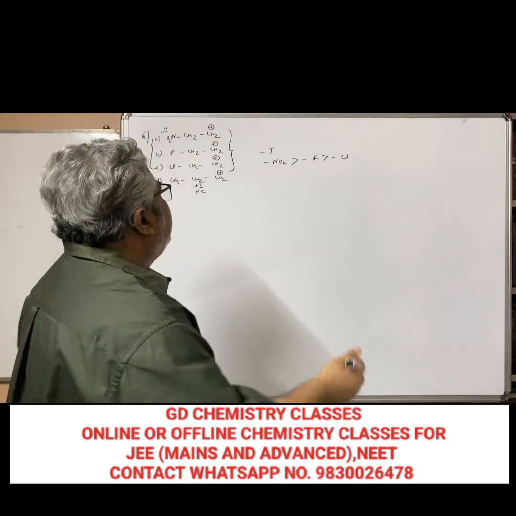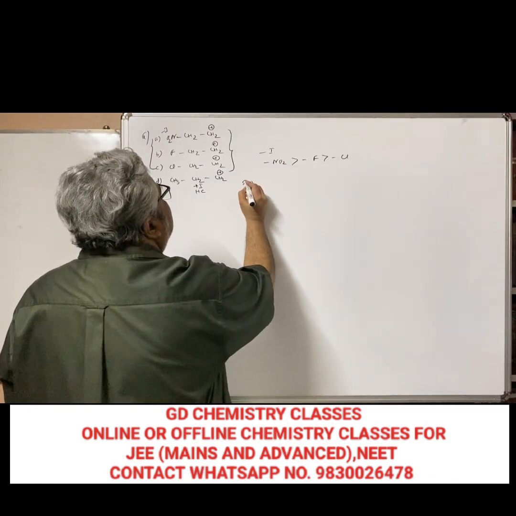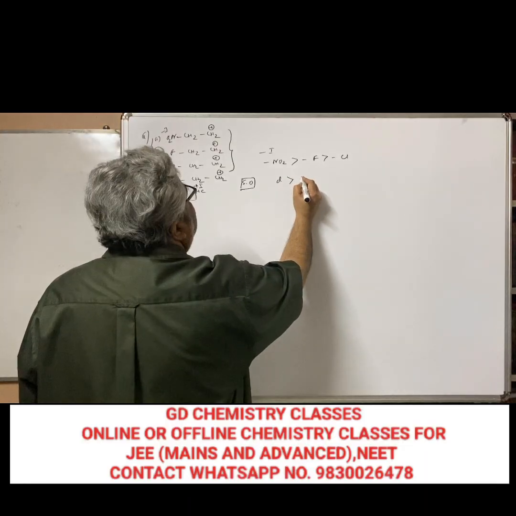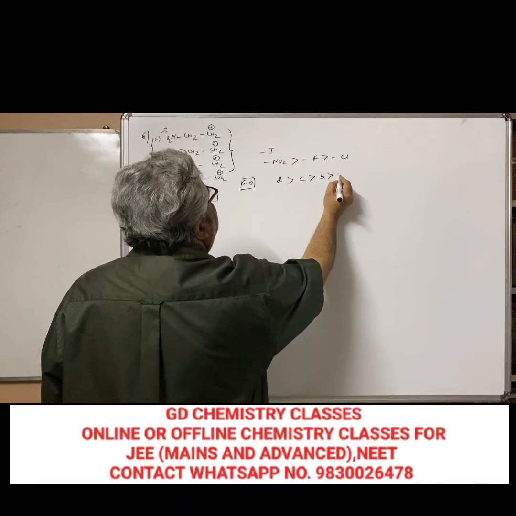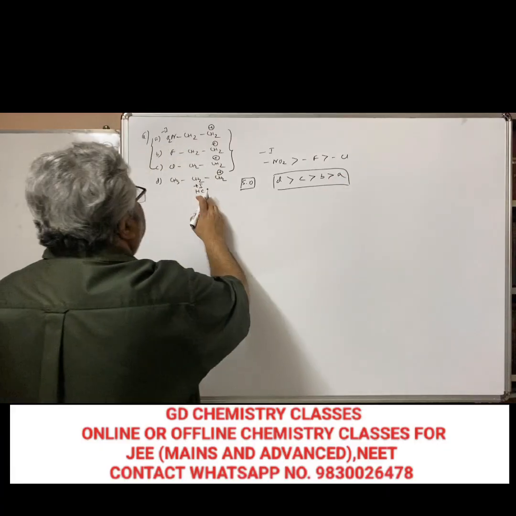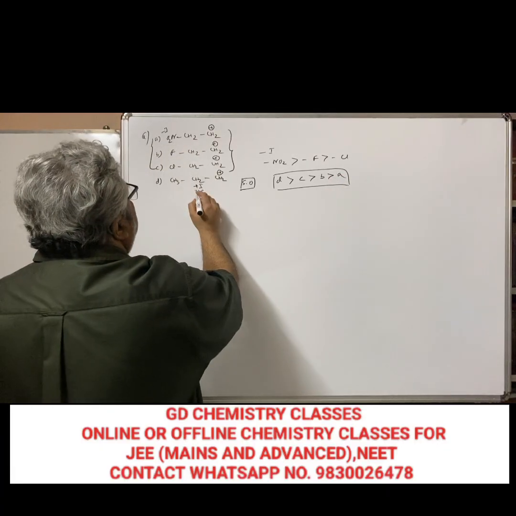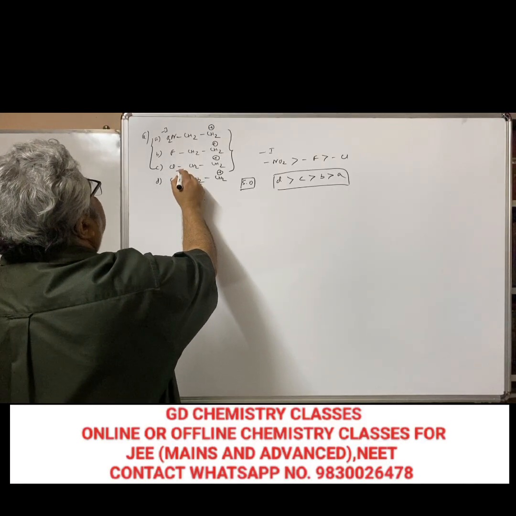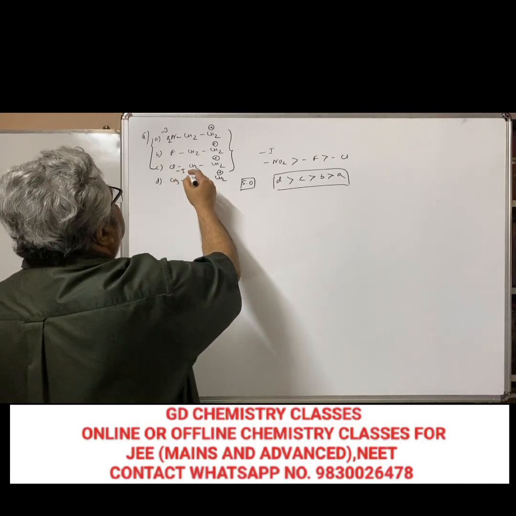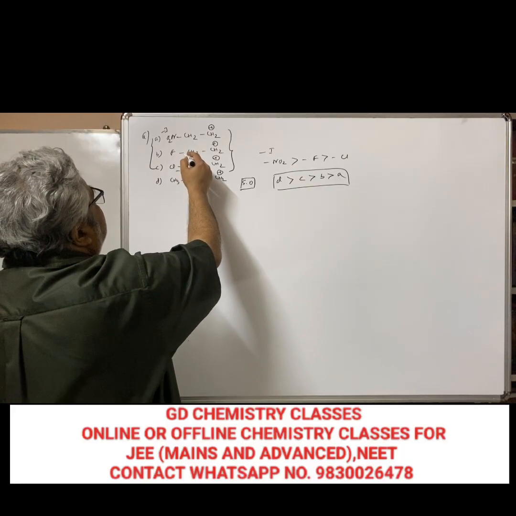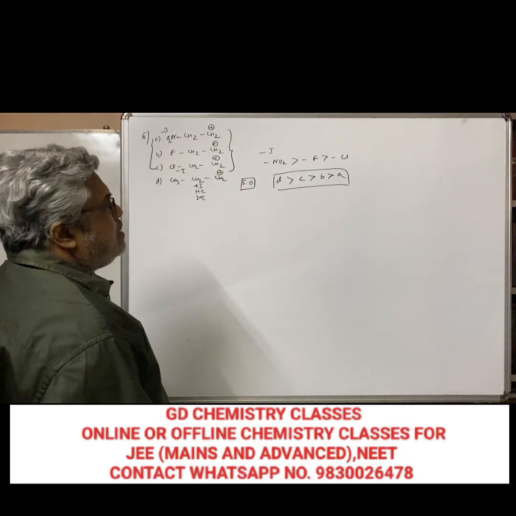So here the stability order is pretty simple: D, C, B, A. D has plus I effect as well as hyperconjugation effect, 2 alpha hydrogen atoms. And here the minus I effects are operating. Minus I effect is least in chlorine, so among the three, this is more stable than nitro, which is destabilised by minus I effect.